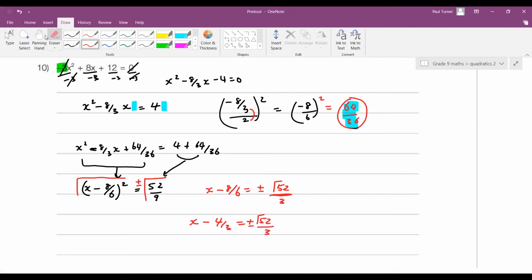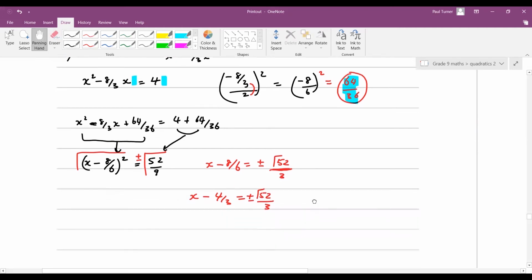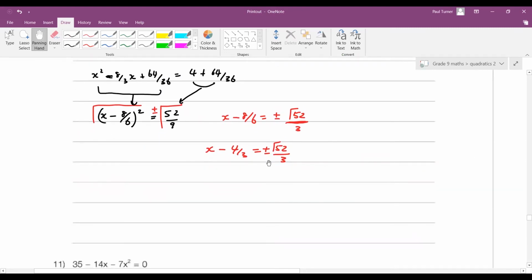So this is the kind of working you'll need to show in your worksheet. So it's quite a bit I like to see, because I want to see you know what you're doing here. Your calculator can help here anyway. So x equals 4 on 3. So we move that across, plus or minus root 52 on 3.